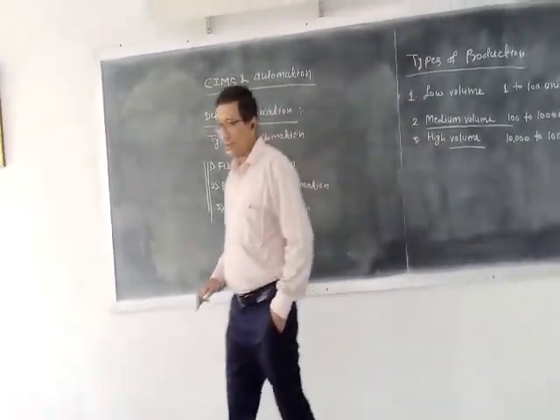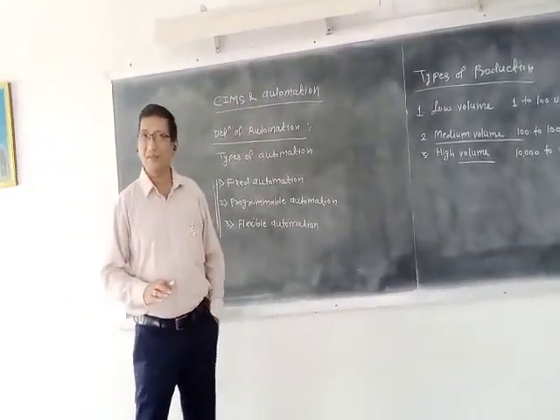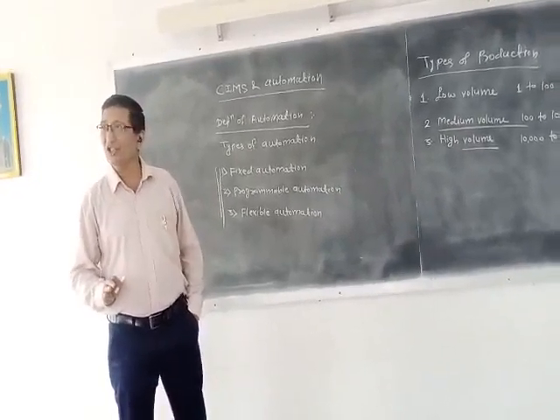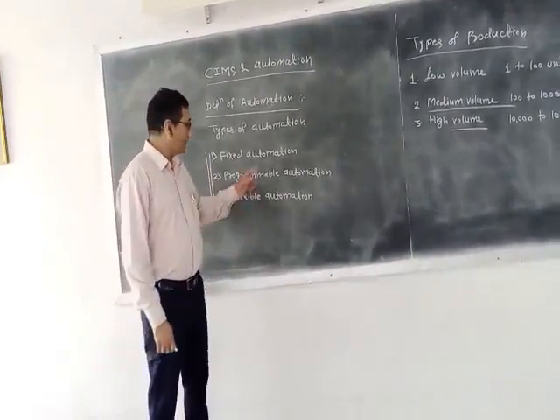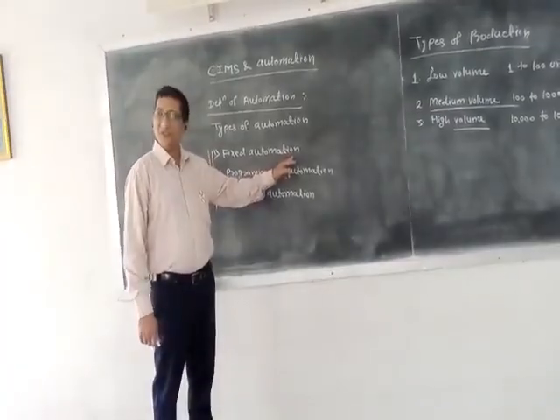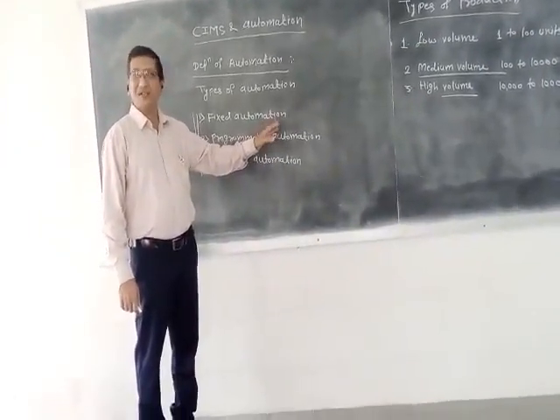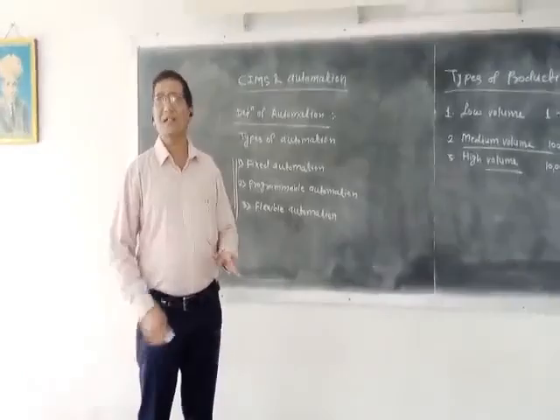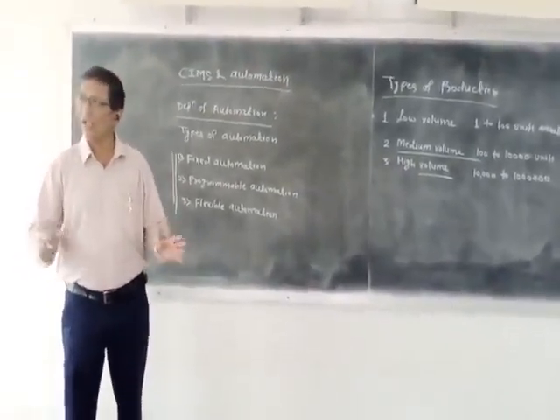In case of fixed automation, all the sequence of your processing operations will remain unchanged. Means you cannot alter the sequence of your processing operation, that should be fixed. That is called fixed automation.